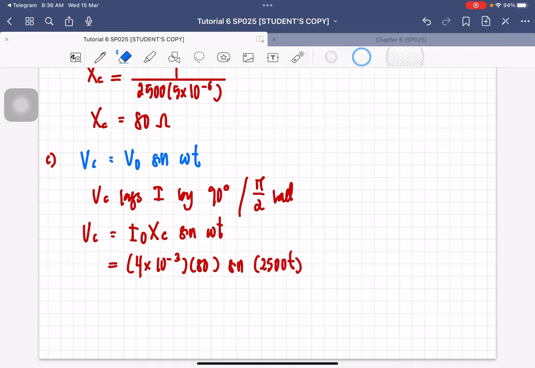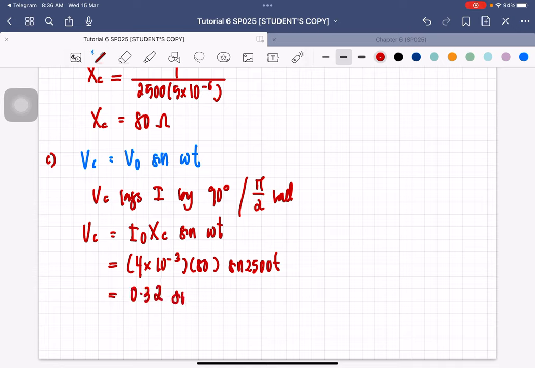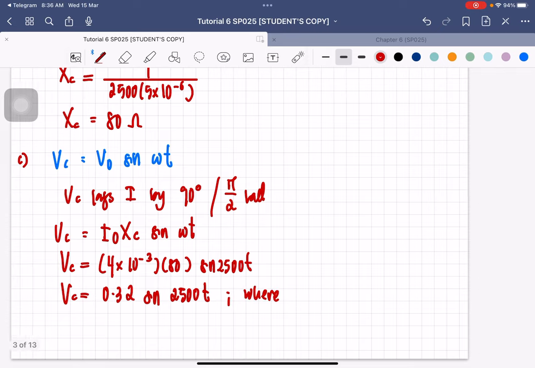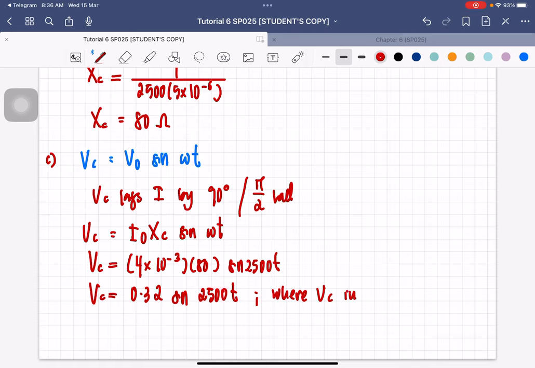Okay, I'll explain to you later why it is still 2500 t here, okay? So this will give you 0.32 sine 2500 t. So this is the voltage across the capacitor. Don't forget to state the unit, where VC in volt, t in second.